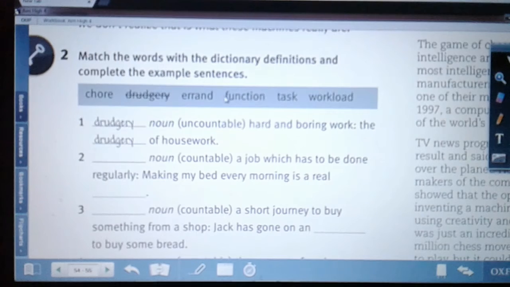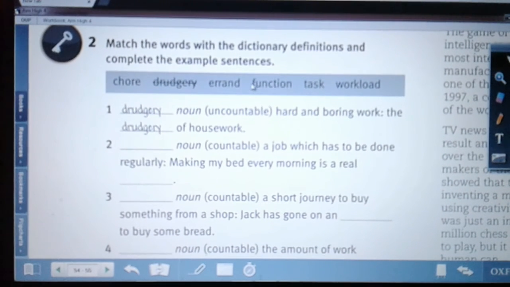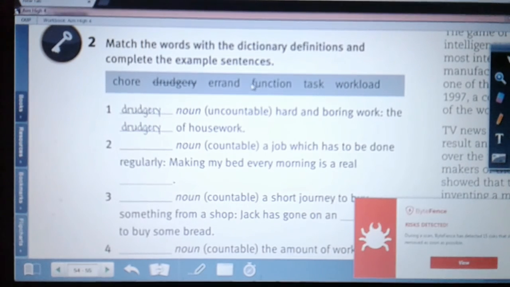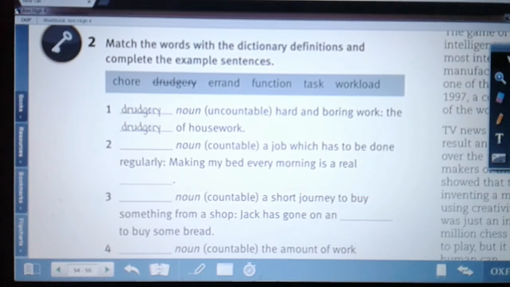Alright, so after finishing that part, please move on to the second part, in which you have to match the words with the dictionary definitions and complete the example sentences. Okay, let me close this one first. So for example, number 1, drudgery.